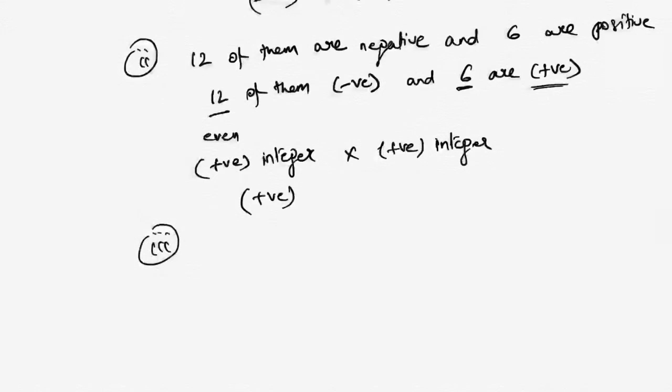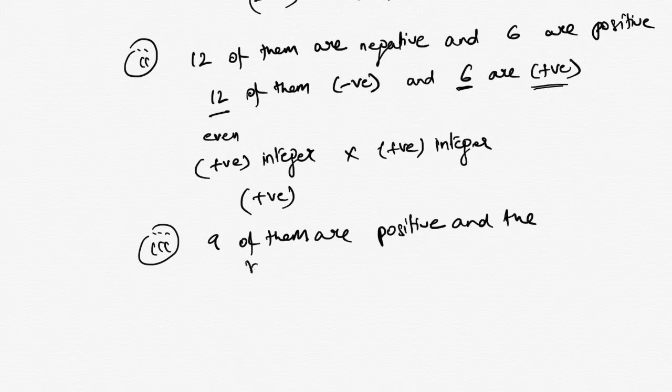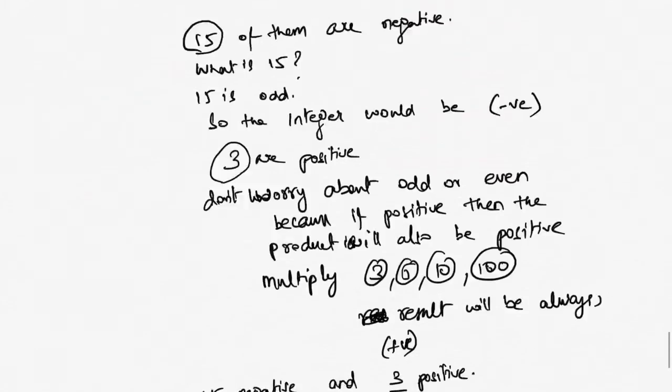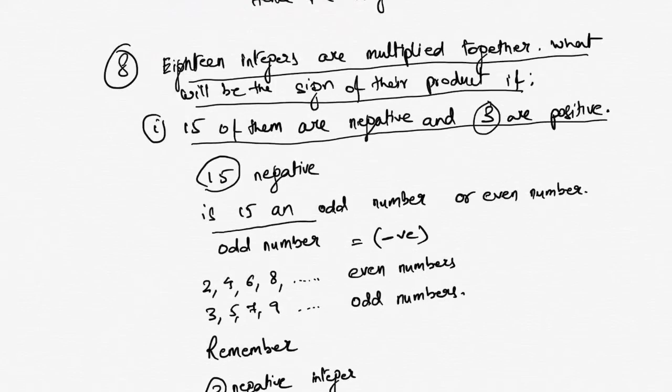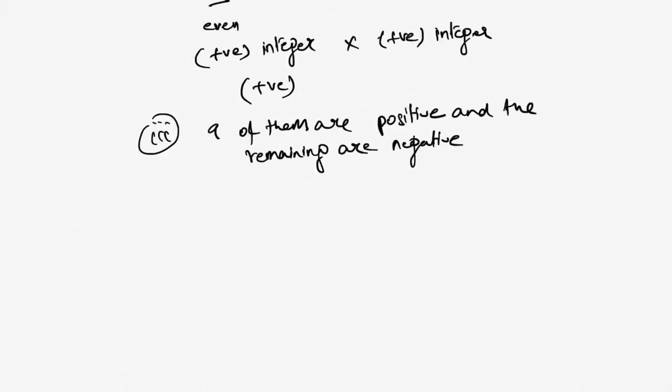Okay, now let's see the third one. The third one is 9 of them are positive and the remaining are negative. Now let's see how many are there. They are saying there are 18 integers. Now total is 18 integers.